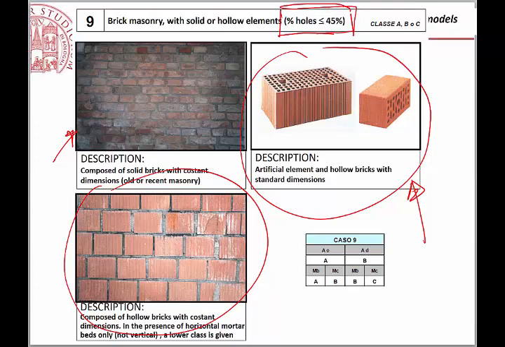Typically, for the Italian guidelines, 45% of holes, which is the percentage in area of the holes with respect to the full dimension of the block. If it is smaller than 45%, these blocks are considered to be used also for structural purposes. If it is greater than 45%, they cannot be used for structural purposes.